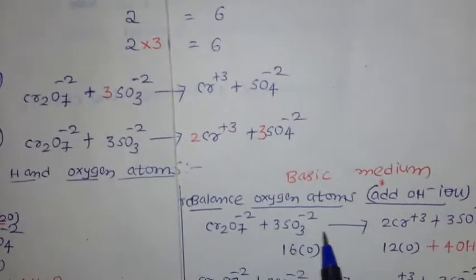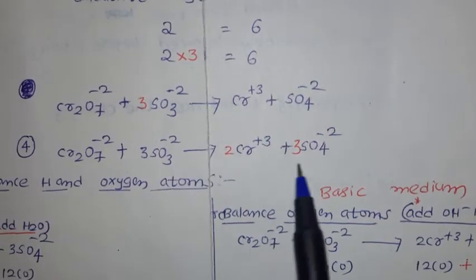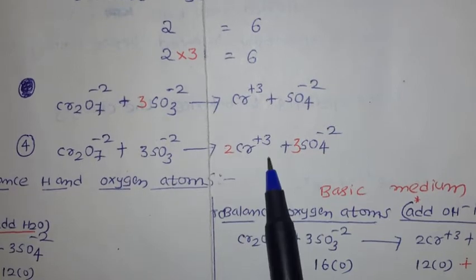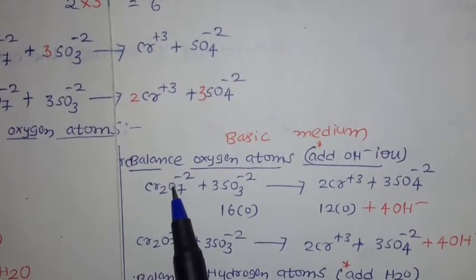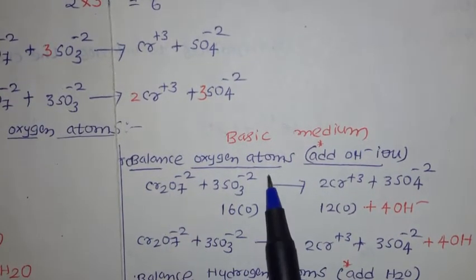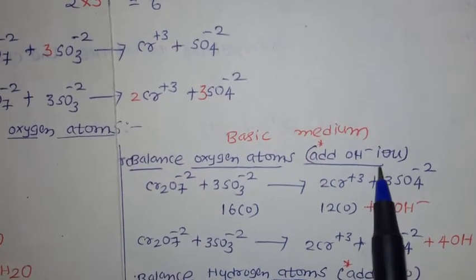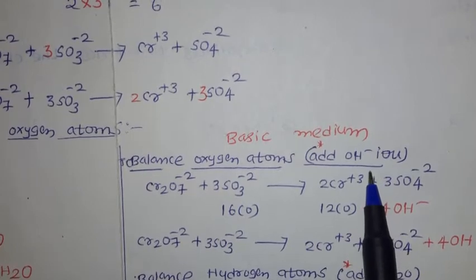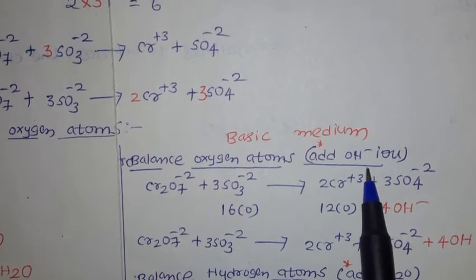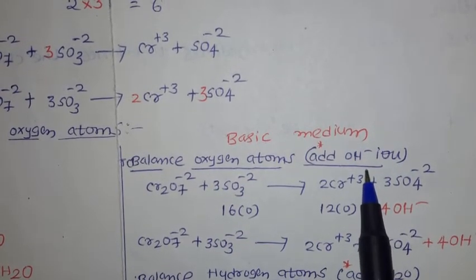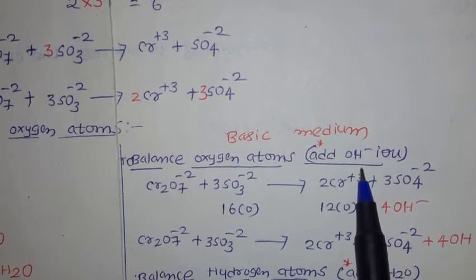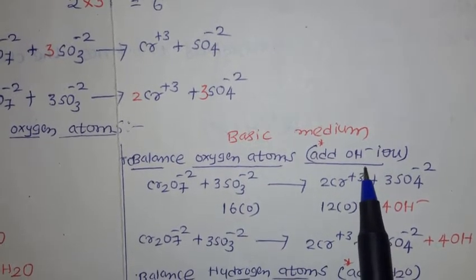But after this, here we don't have sufficient oxygen. So first you have to balance the oxygen. First, for balancing oxygen atoms, add OH minus ions at the deficiency side. In basic medium, for deficiency of oxygen you add OH minus ions, whereas in acidic medium you add H2O.